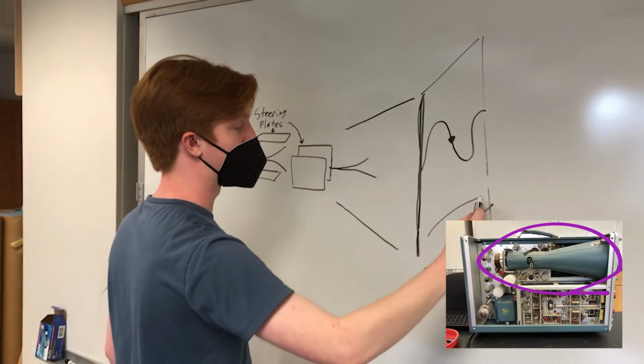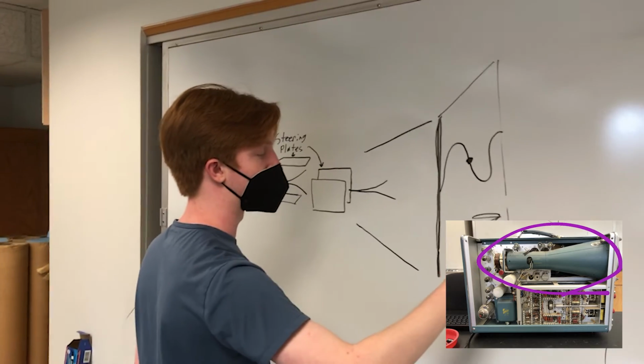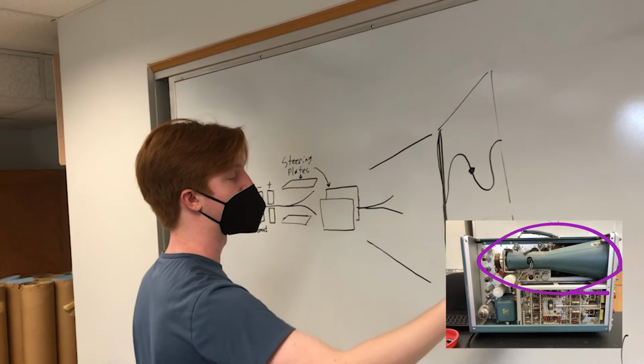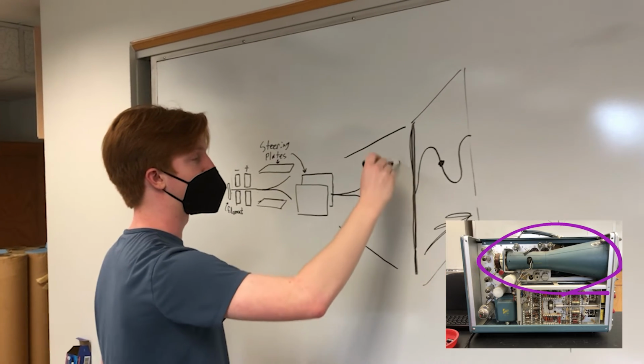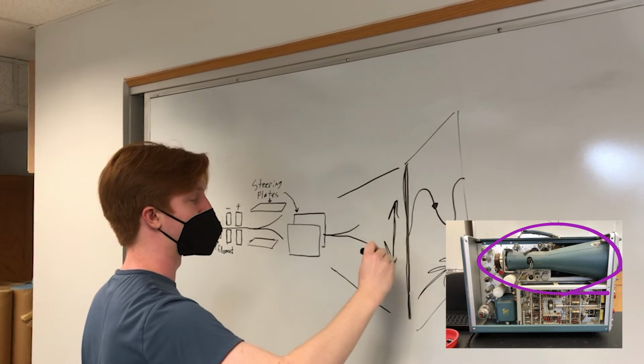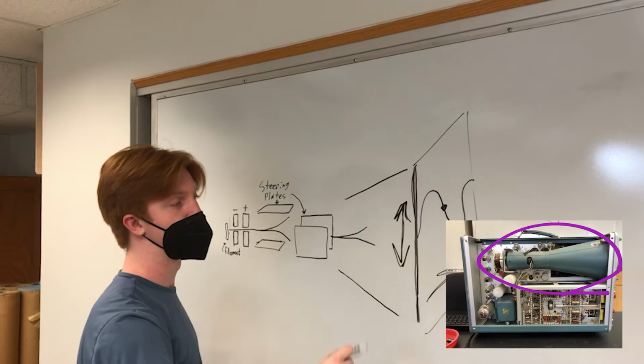So it's the rapid and consistent horizontal motion from left to right, and the oscillating vertical motion up and down. So that creates a sine wave.